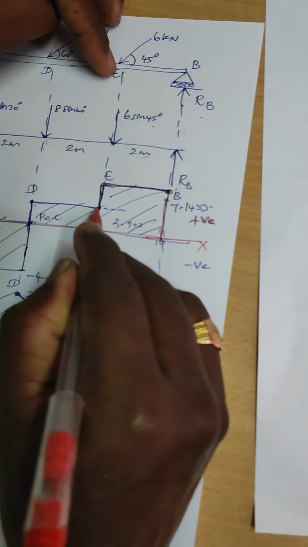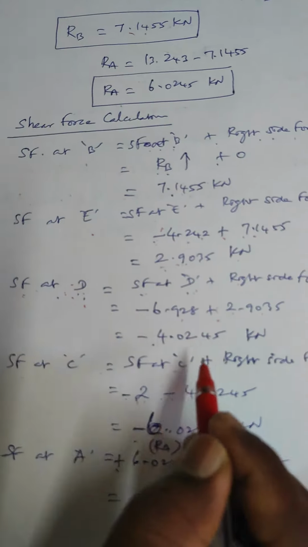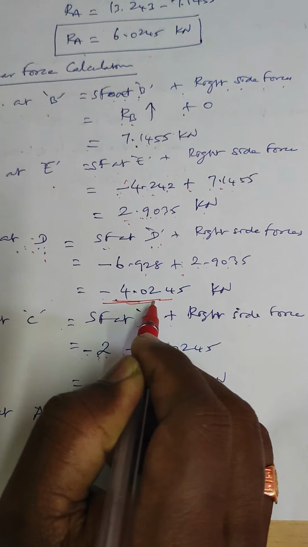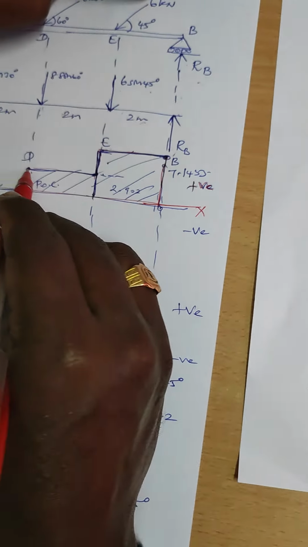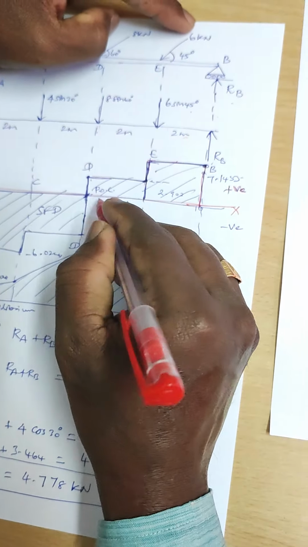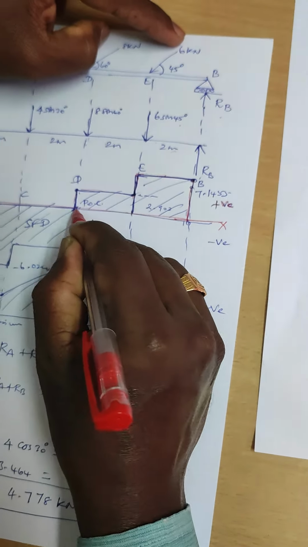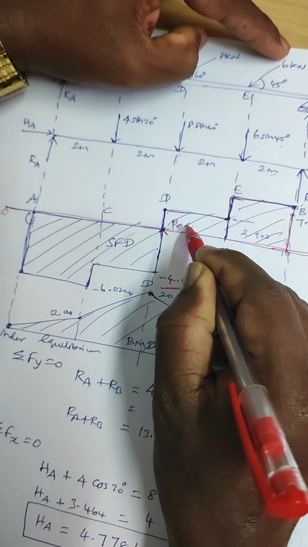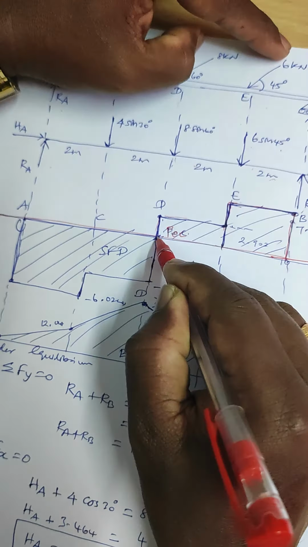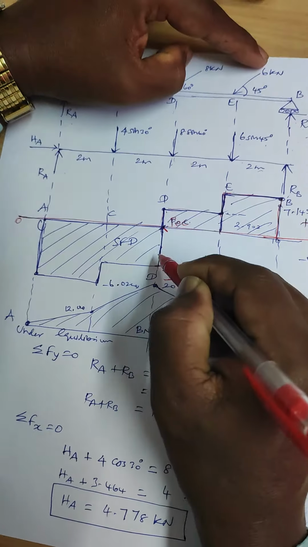Then you follow the same height horizontally up to meeting the point D. Shear force at D here is minus 4.02. Here the sign conversion takes place from the positive side to the negative side. This particular point where the sign changes is called the point of contraflexure. At this point, the bending moment will be maximum. We can check this while drawing the bending moment diagram.